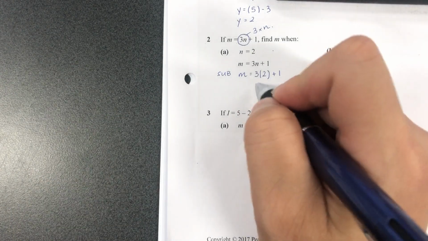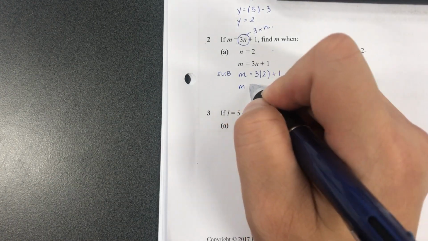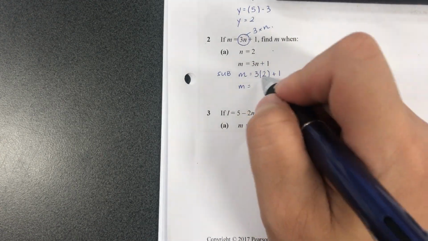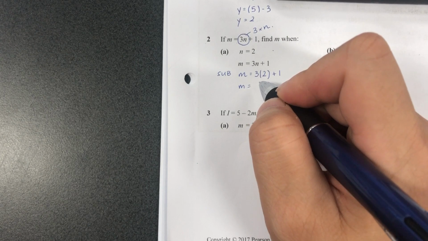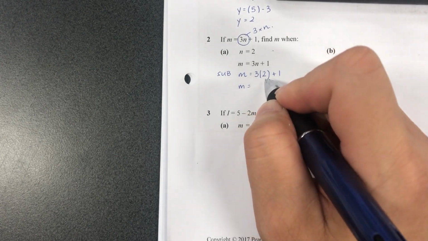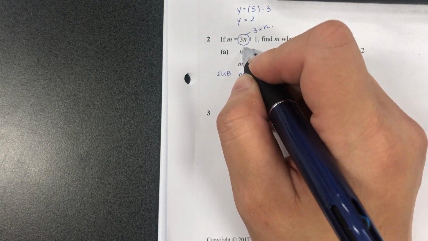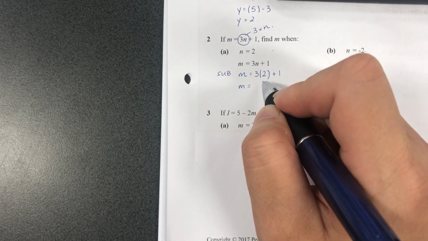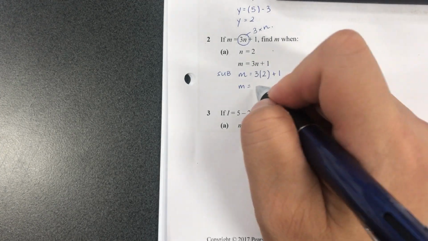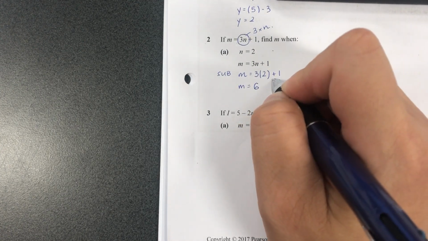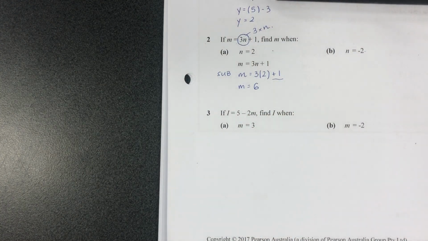All right, now that I've substituted, that's all I needed to do. Then I'm just going to mathematically solve the question. It says 3 brackets 2. Because it's right next to it, like we said before, the 3n means 3 times n. We're going to do 3 times 2. 3 times 2 is 6. And then I need to write the rest of it, which is often what people miss.